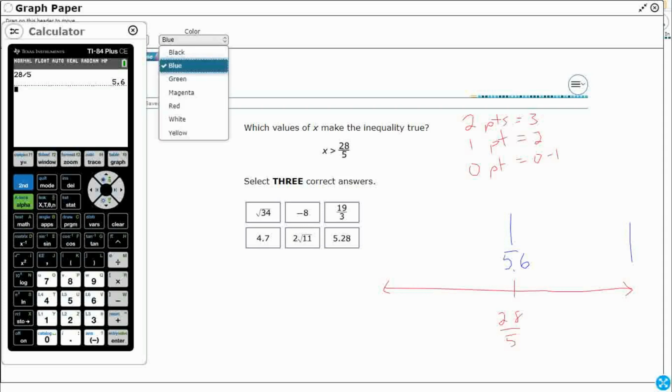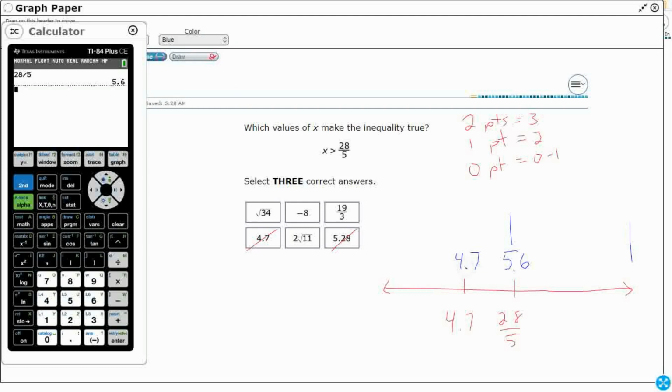All right, so let's just start knocking these out here. I'm going to go ahead and put that 4.7 and 5.28 on, right? So 4.7 is going to be down here. And I'm just going to go ahead and write that in red, but I can also write it in blue. I want to put my decimals up here.